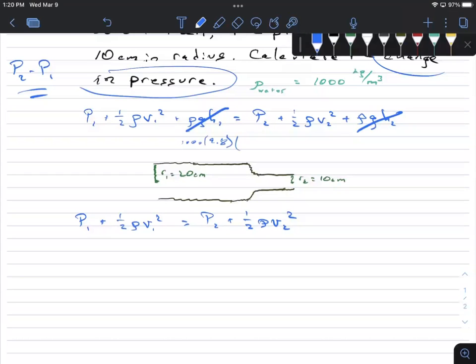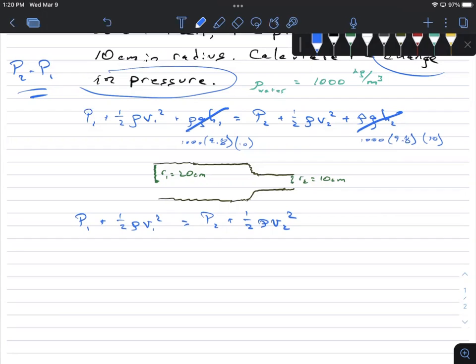Let's say we're currently at the 10-meter mark or something. And then over here on the second side, what numbers would we have? Well, still 1,000, still 9.8. And if we didn't change height, we're still at the 10-meter mark. Well, we have the same numbers on both sides.